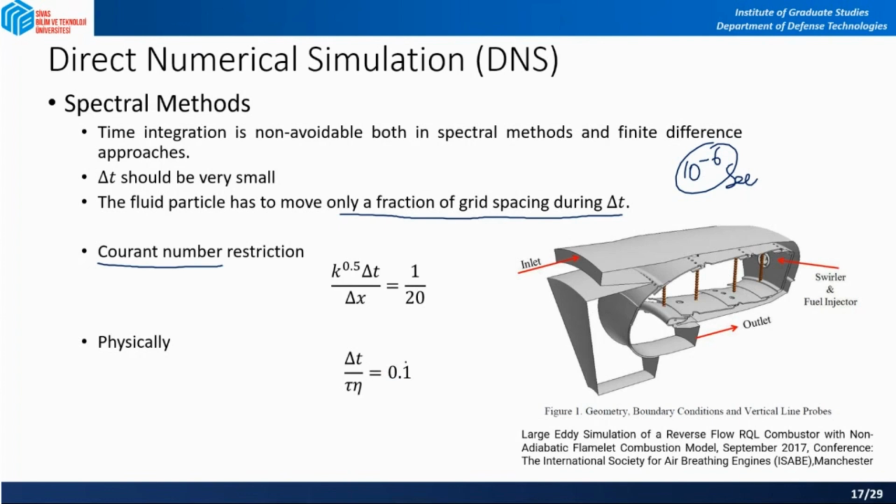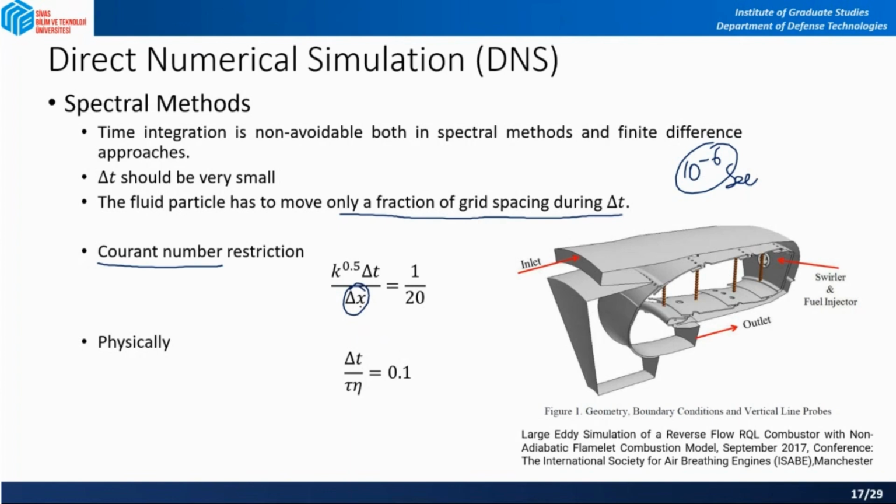And you have to remember that when we were trying to find delta x, I told you not to use 10 times the Kolmogorov scale, because it will be overkill. That's not a valid argument for time separation.